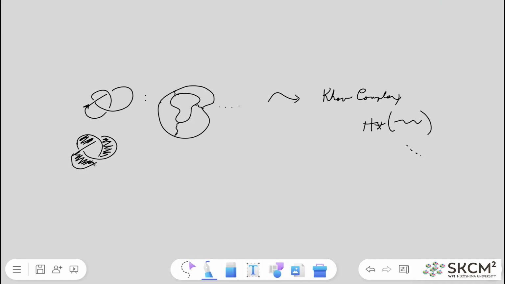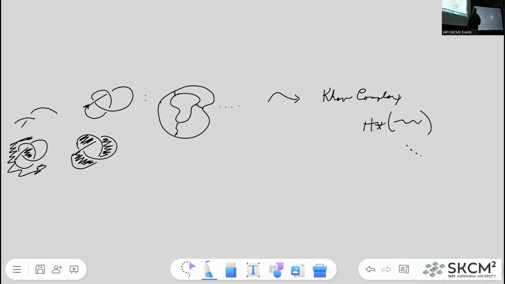And you may want to look at this surface, or maybe you prefer an oriented surface, in which case you should have chosen a Seifert surface like this. But it's still the case that the smoothings will give rise to other surfaces. And why shouldn't those surfaces be related to what this construction was doing?